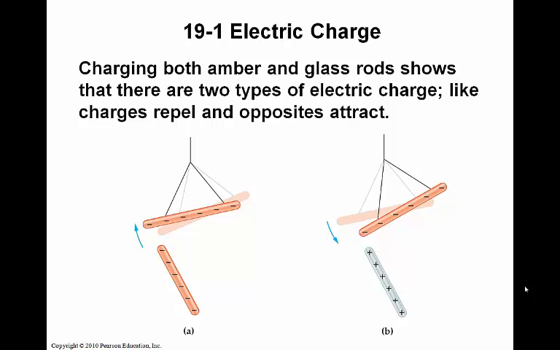And he called them positive if they had the electric fluid, and negative if the electric fluid was absent. He also discovered that like charges repelled and that opposite charges attracted.